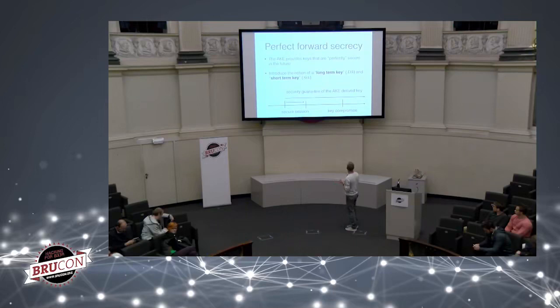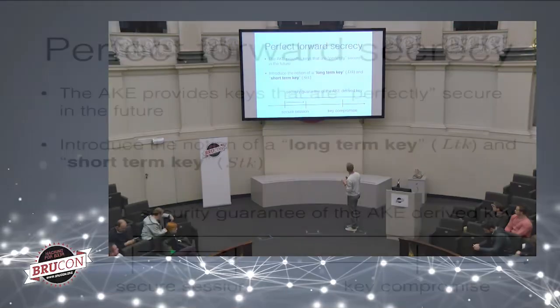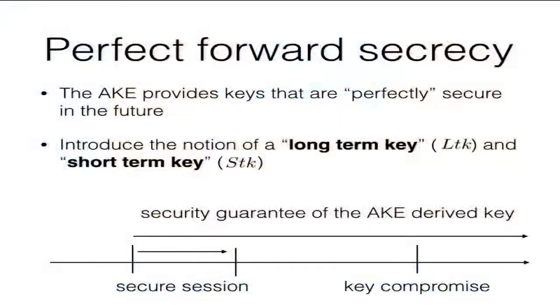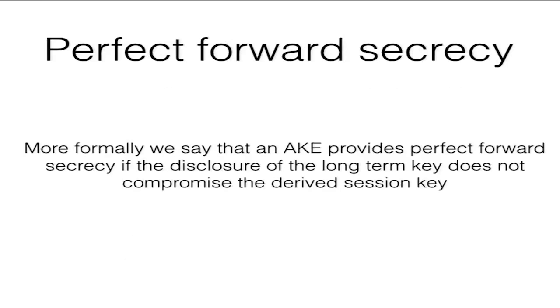So if the long-term key gets compromised, because the long-term key did not contribute to the creation of this session key, it doesn't matter, because it was not used to create this short-term key. So more formally, we say that AKE provides perfect forward secrecy if the disclosure of the long-term key does not compromise the derived session key.